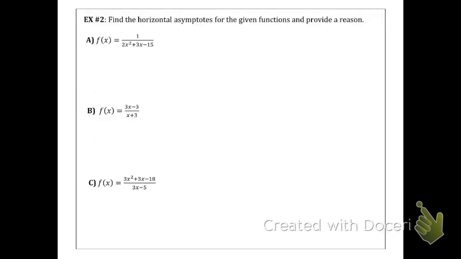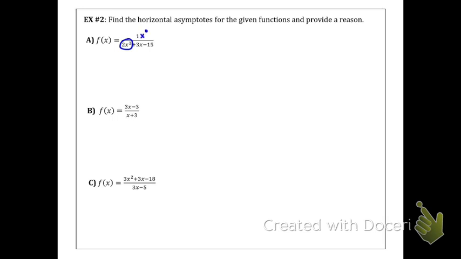All right, and so example 2 says to find the horizontal asymptotes for the given functions and provide a reason. So look at A. Where is your highest degree? It's on bottom. Remember that 1 has an x, it's just x to the 0.